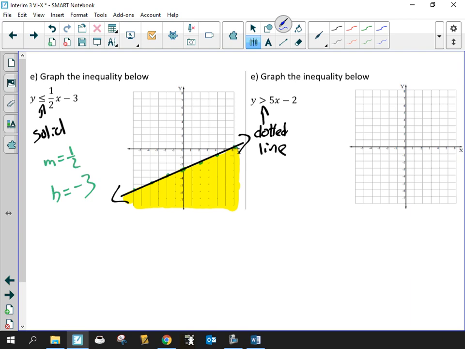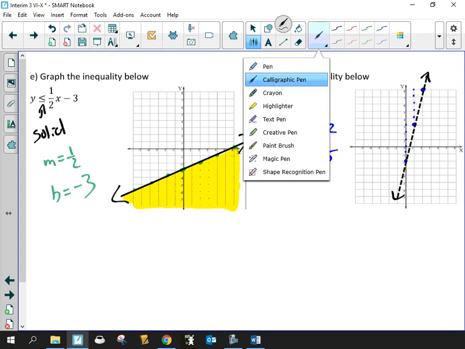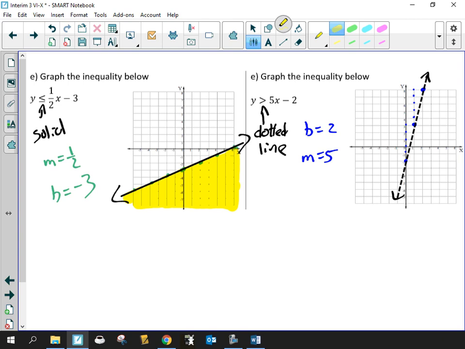For y is greater than 5x minus 2, the y-intercept is -2, the slope is 5. But this time it's going to be a dotted line, and y is greater than, so I am going to shade up.